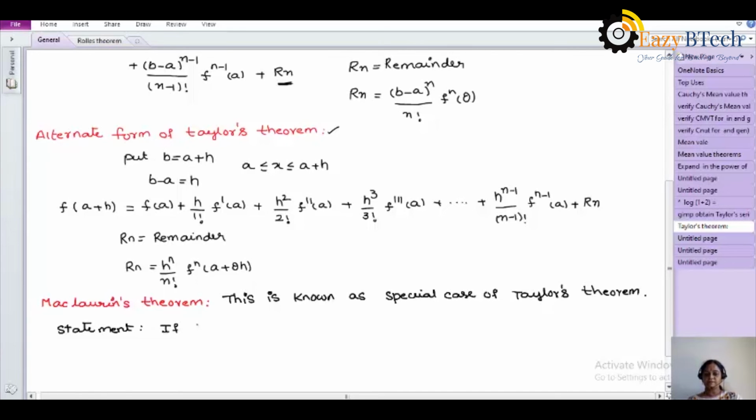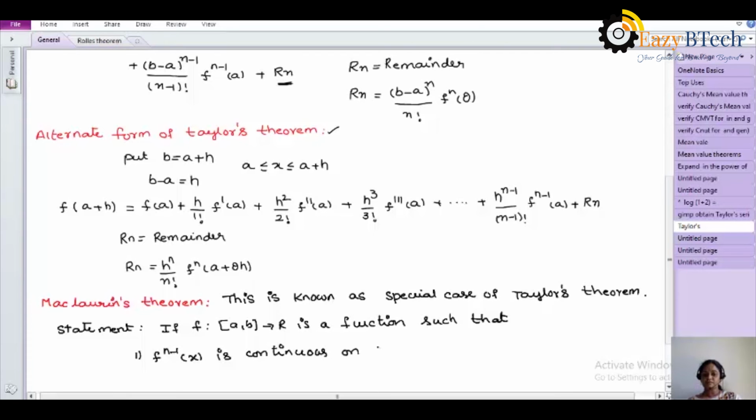If f from a comma b to R is a function such that, the first one, f power n minus 1 of x is continuous on the closed interval 0 comma x, and second, f power n minus 1 of x is derivable on the open interval 0 comma x, students.